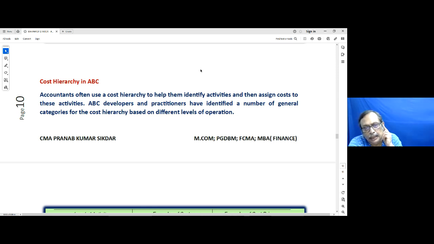Accountants often use a cost hierarchy to help them identify activities and then assign cost to these activities. ABC developers and practitioners have identified a number of general categories for the cost hierarchy based on different levels of operation. So definitely there is a direct link between the general categories of the cost hierarchy and the different levels of operations.